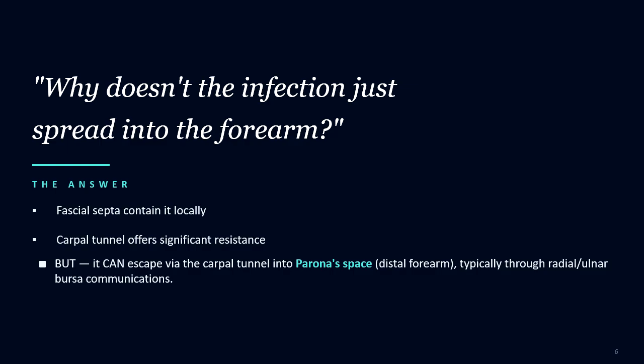So if the infection in the deep space spreads superficially into the bursae, from there it can then spread into the forearm through the space of Parona, via the carpal tunnel. In a normal situation, the carpal tunnel offers significant resistance against the spread of this infection into the forearm.